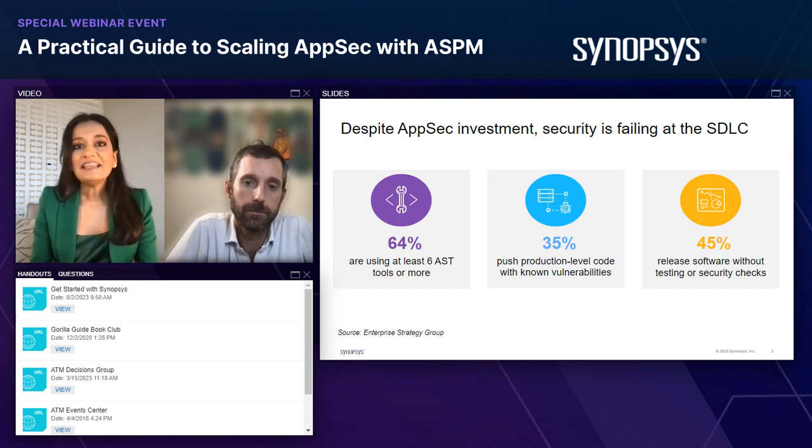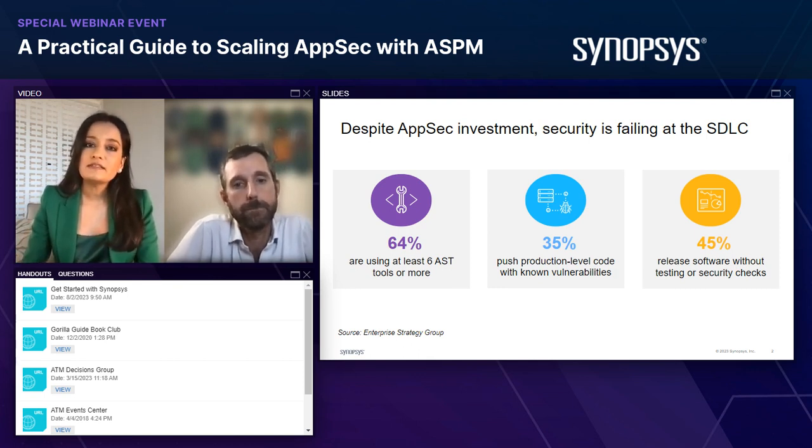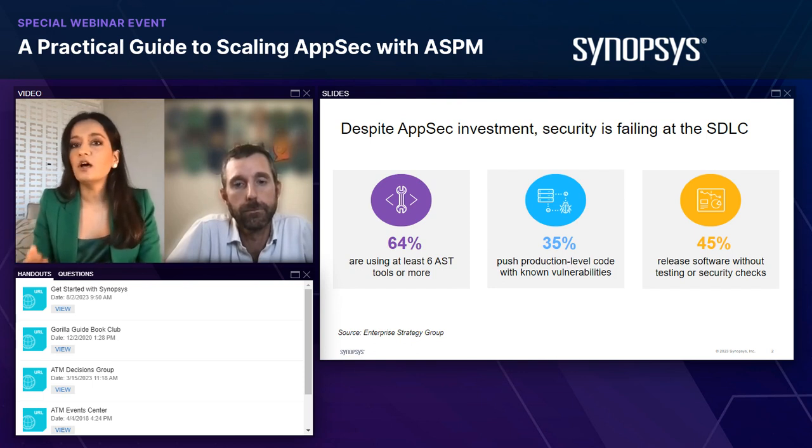And indeed, at large, most organizations are probably using maybe 6 tools or more on average. And in a study commissioned by Synopsys, one of the components of implementing this tooling is the expectation that there's an ability to really control that level of quality of software and security of software.